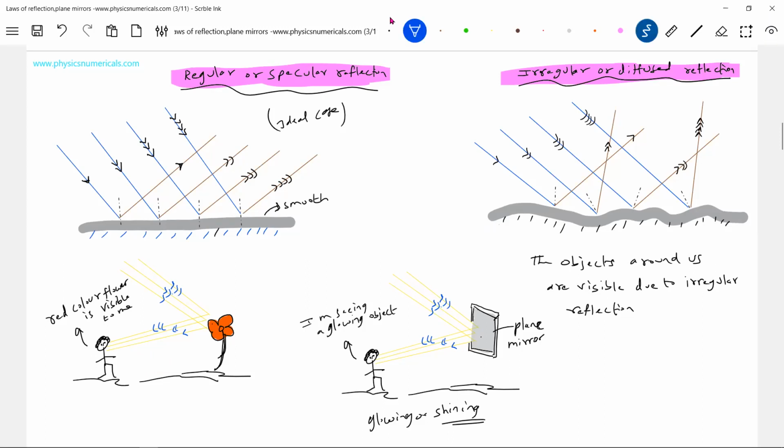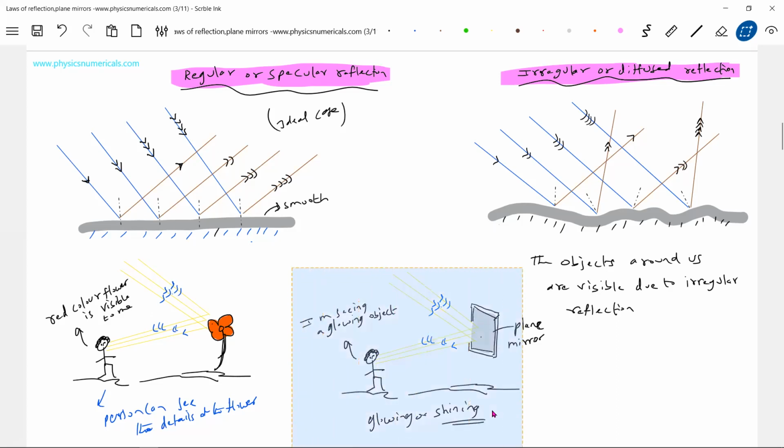Here, what does this person see? Red color is visible to me. Here, what is the reflection? The reflection is similar to, I think the diagrams got interchanged. We'll do one thing.